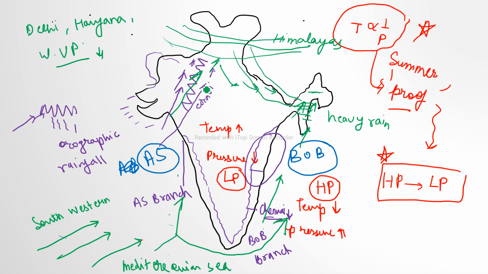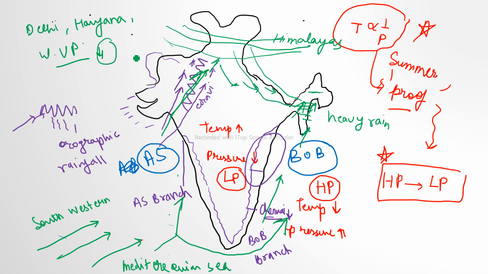Why? First of all, although there are mountain ranges around UP, it is not completely mountainous. Secondly, the Arabian Sea branch that has been coming, the moisture content is reduced since it is traveling such a long distance and causing rain all over. So the moisture content left to cause rain in this area also reduces. Because of that reason, there is lesser rainfall.